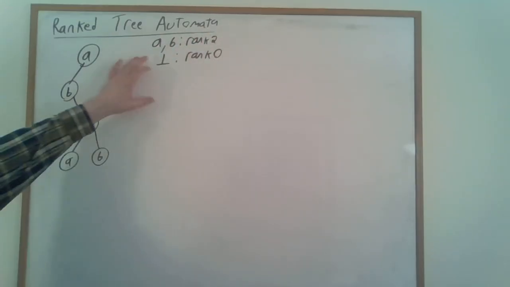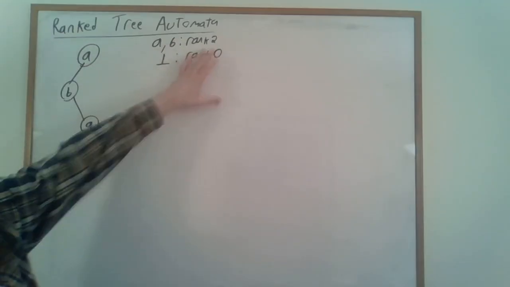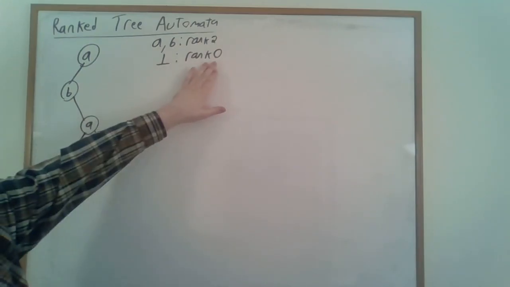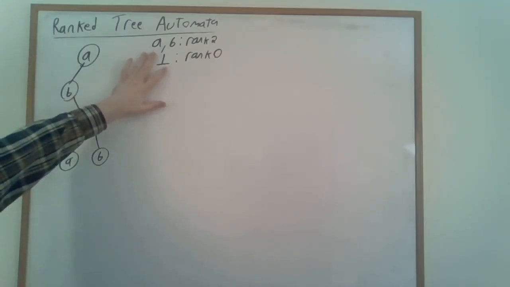And that's to take all of the characters of our original alphabet and assign them rank 2, and then add a new character, bottom, that we assign rank 0 to. And then we can translate our binary tree into a ranked tree over this ranked alphabet.